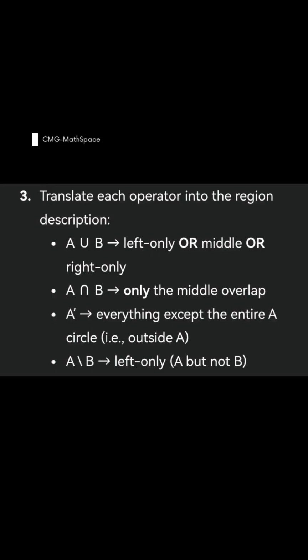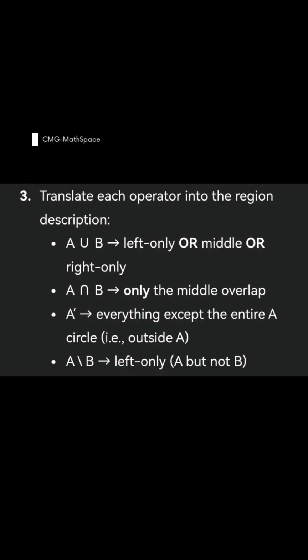Now the second item is to translate each operator into the region description. So we have A union B, which is left only or middle or right only, right? So basically what we mean is that you shade all the regions within A and B, and that will include the intersection.